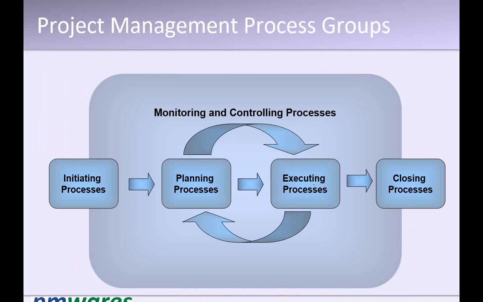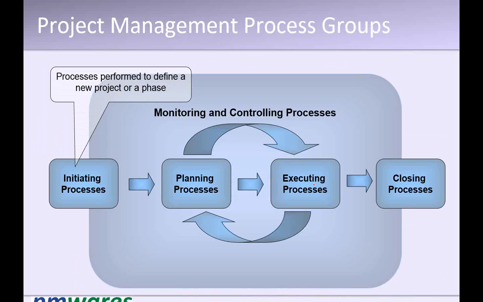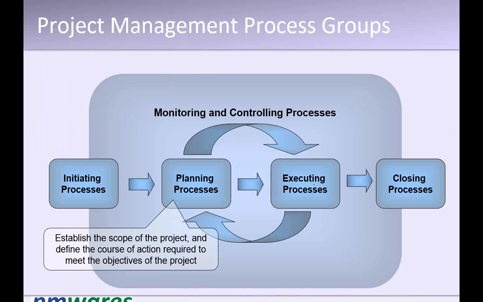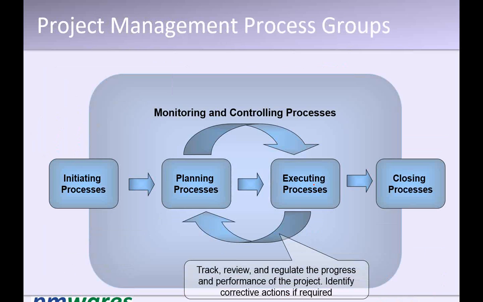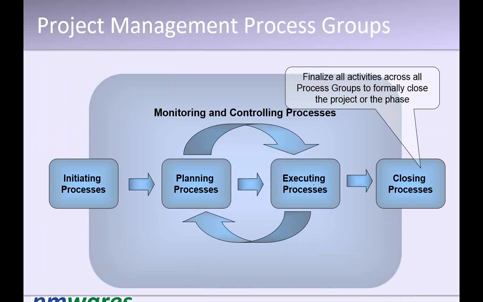The processes required to initiate a project are grouped under initiating. The processes required to plan a project are grouped into planning processes. The processes of execution are grouped into execution. The processes of monitoring and controlling are grouped into monitoring and control, and the processes of closing the projects are grouped into closing processes.